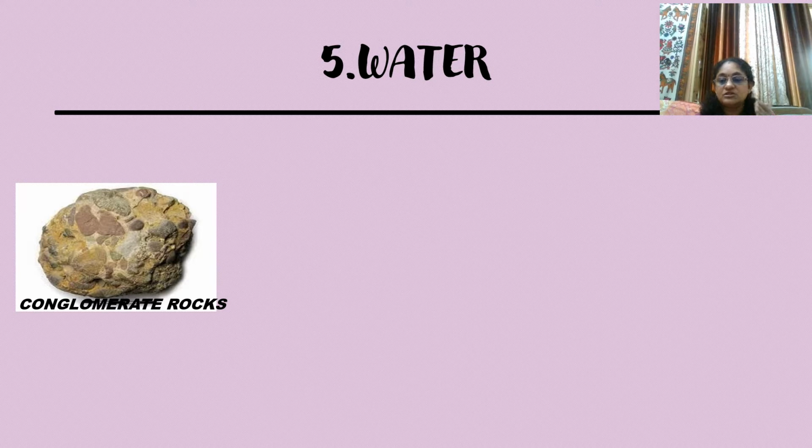Now sedimentary rocks, you'll have learnt it in the previous years. What is a sedimentary rock? It is a rock which is formed because of the deposition of sediments one over the other. In this rock you will find a lot of materials like plants, the fossils of plants and animals, soil, water.